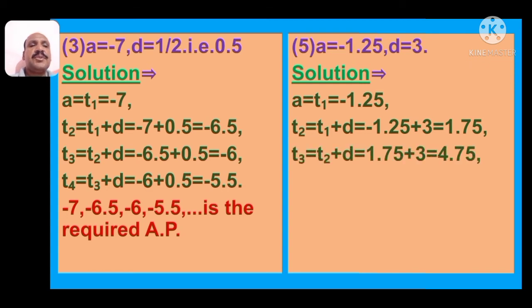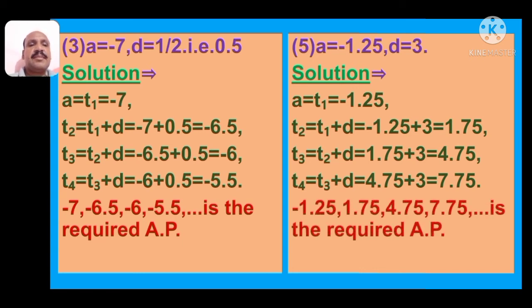T3 is equal to T2 plus D is equal to 1.75 plus 3 is equal to 4.75. And T4 is equal to T3 plus D is equal to 4.75 plus 3, which is equal to 7.75. That means minus 1.25, 1.75, 4.75 and 7.75, dot dot dot is the required AP.